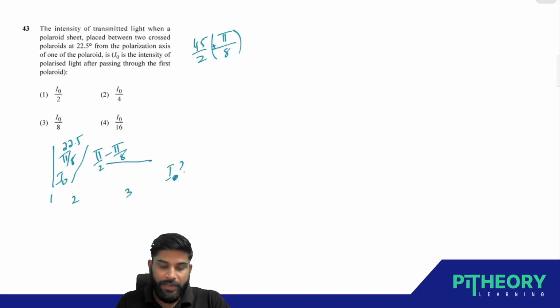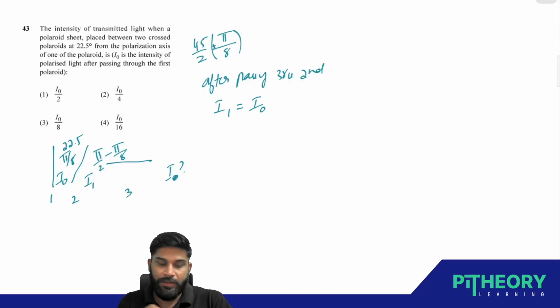And how much will it be after passing through the second Polaroid? You can take the intensity as I1, let's say. What will be I1? That will be equal to I naught, that is the intensity before passing through the second, cos square. What is the angle between first and second? That is nothing but 22.5, which is nothing but pi by 8.